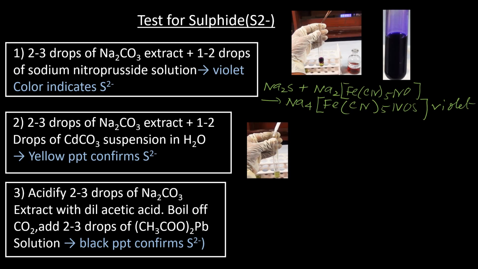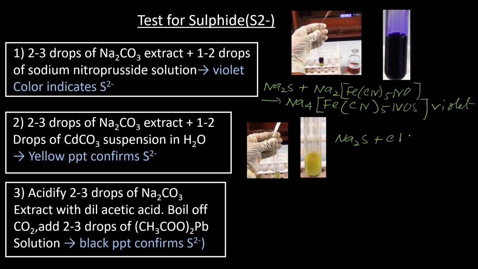Now coming to the second test. What is that? Sodium carbonate extract, 1-2 drops of cadmium carbonate suspension in water. Then you'll get a yellow precipitate, right? So here also what you have to do? You take the sulfide salt plus cadmium carbonate suspension in water.